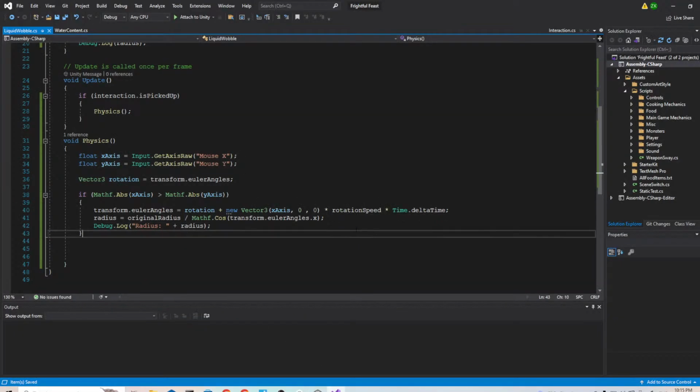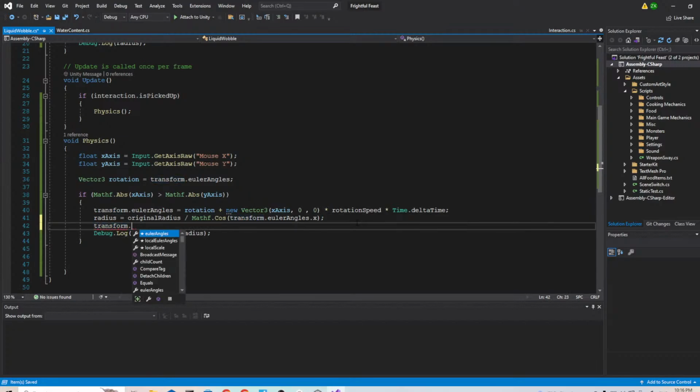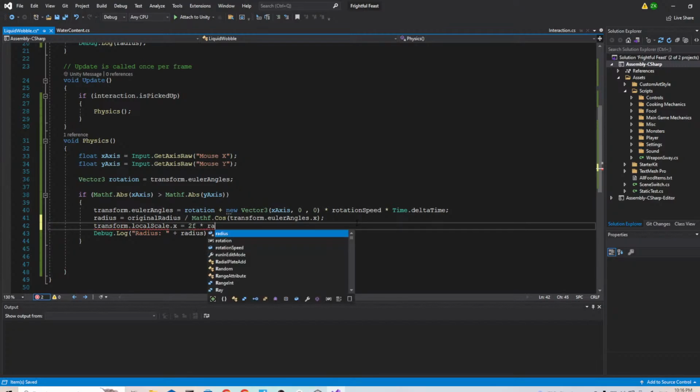So now we know the new radius, and the scale should be equal to 2 times the radius. transform.localScale.x is equal to 2f multiplied by the radius.